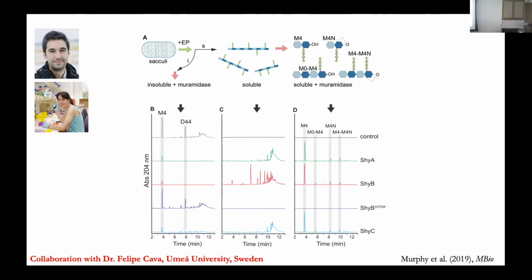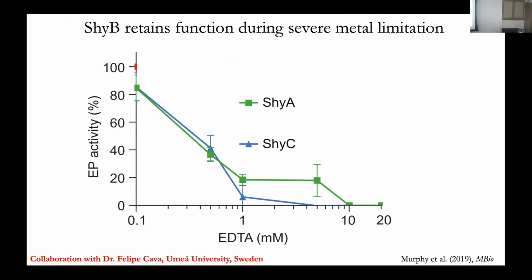What we can then do is we take the area under the peak here and quantify reaction kinetics. And that's plotted here. And then we repeat this experiment in the presence of EDTA, a chelator of zinc, asking the question, can these endopeptidases actually remain active without zinc, or without metals in this case, because it's not specific to zinc. And for ShyA and ShyC, the answer is no.